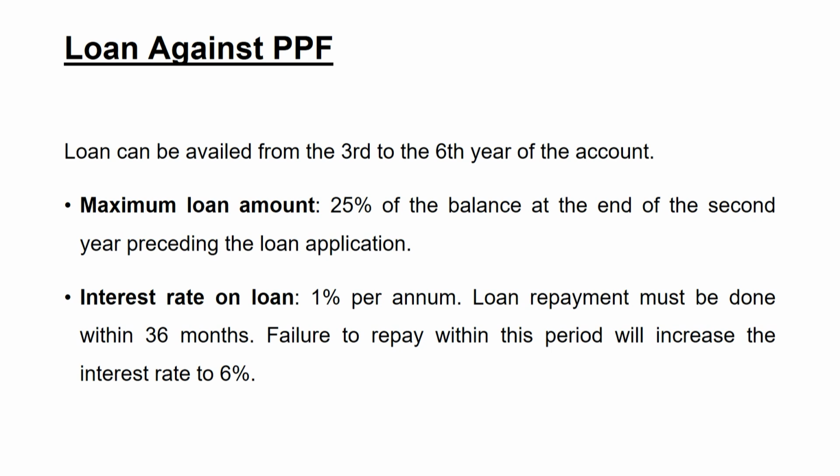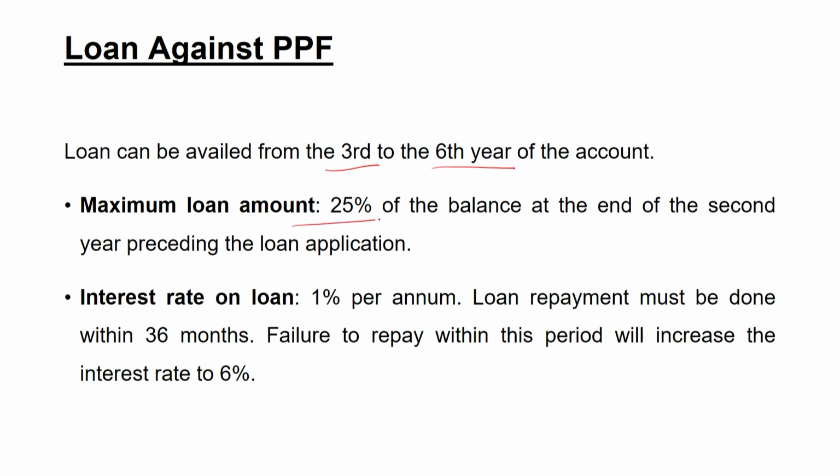Now let us understand another benefit, the loan against the PPF, and how you can ask for loan approval by keeping your PPF account as collateral security. From the third year of the investment to the sixth year, you can apply for and avail a loan with the help of your PPF account.